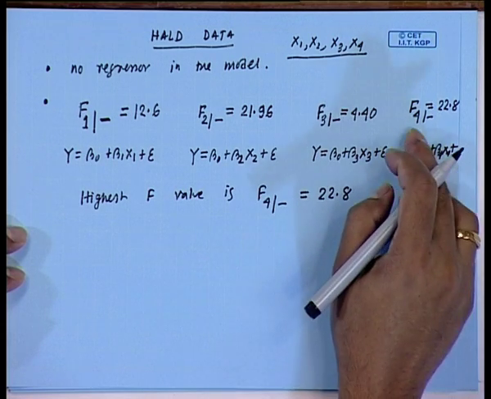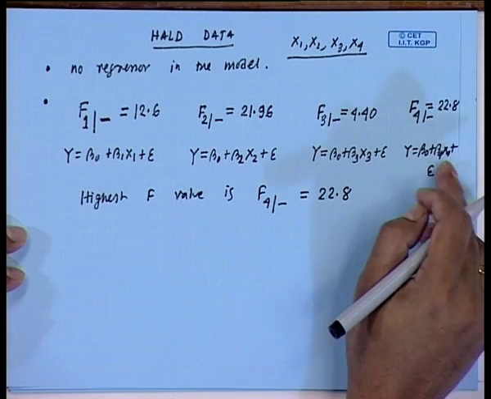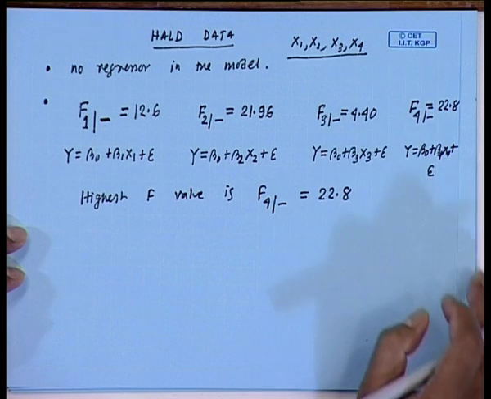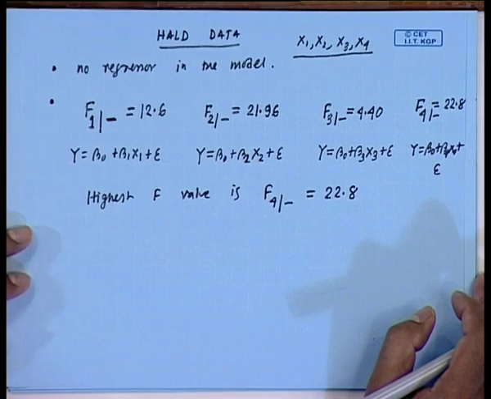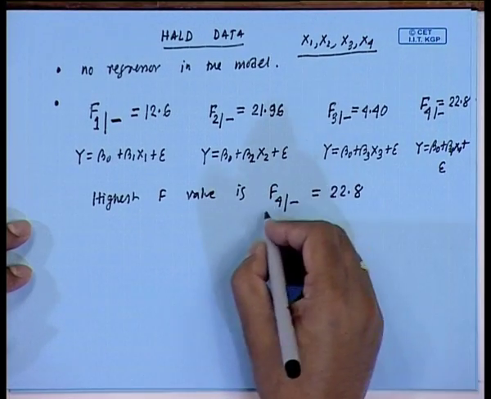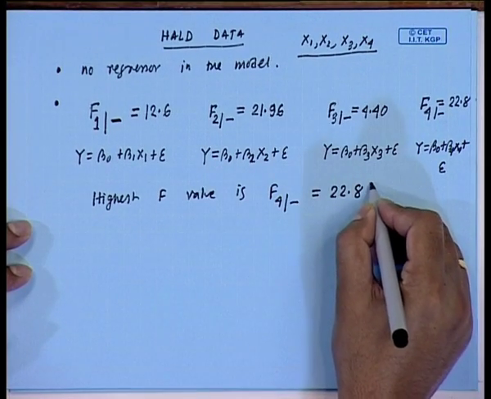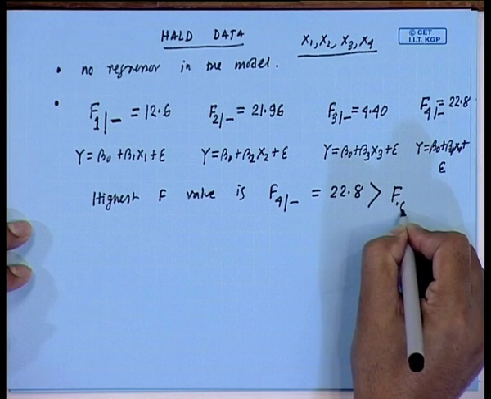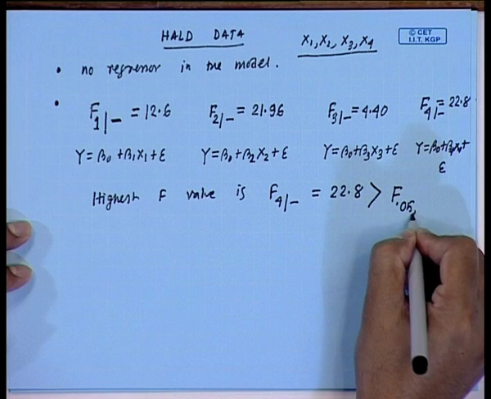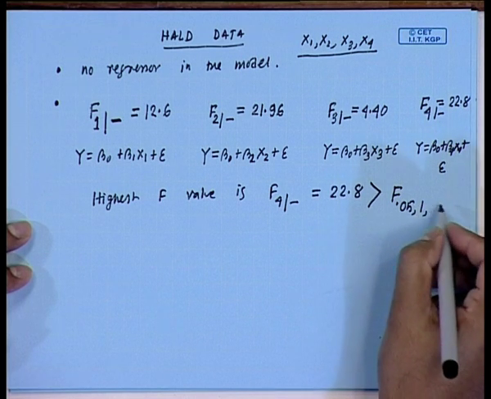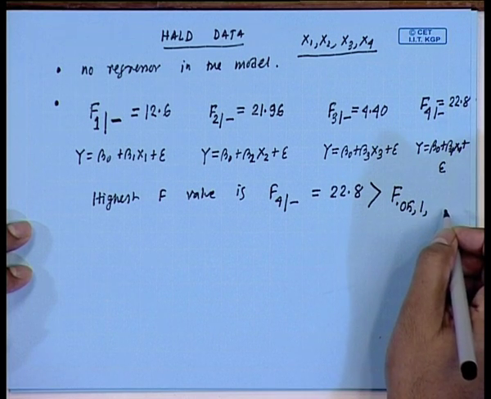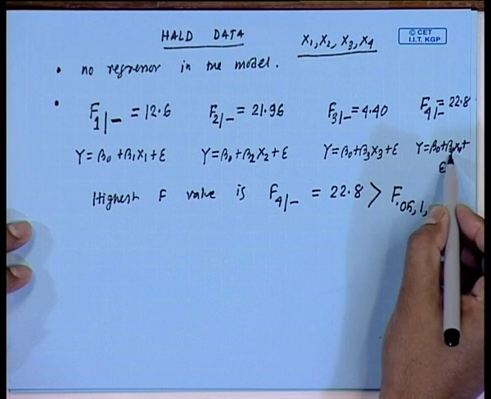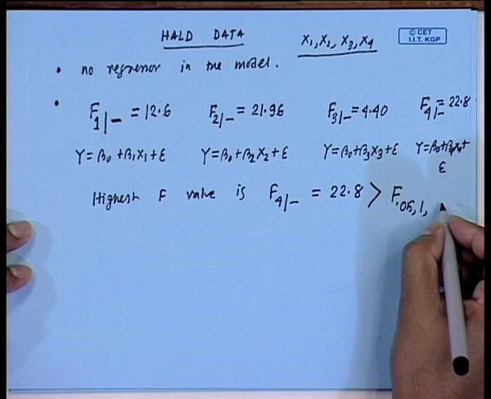So, x4 is most significant to explain the variability in y. This value is also greater than F 0.05, 1 and the residual degree of freedom. Here you have only 2 unknowns in the model, so 13 minus 2, that is 11.